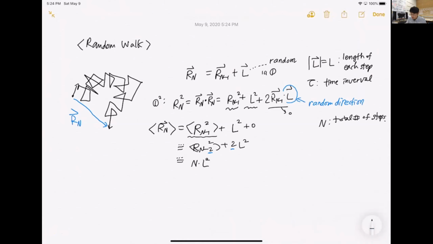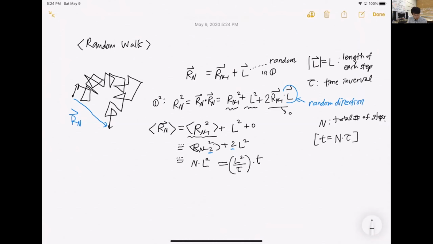And so eventually the duration, the time t, can be described by n times the one-step time. With this, we can describe n as t over tau. So this will be L squared tau over tau times t.